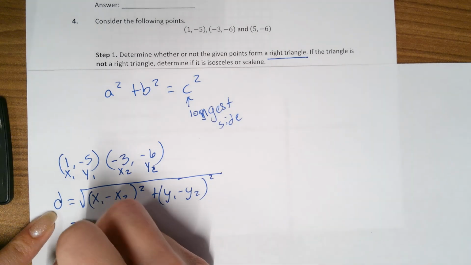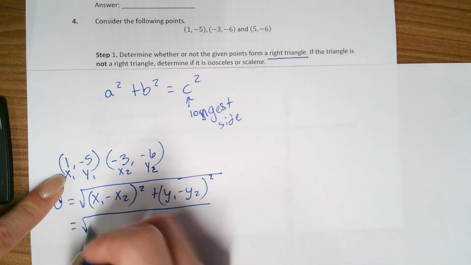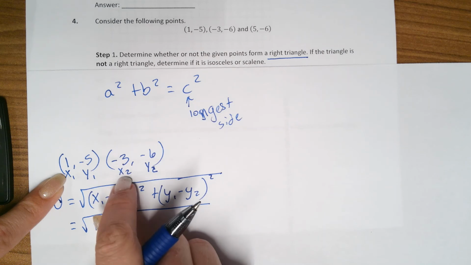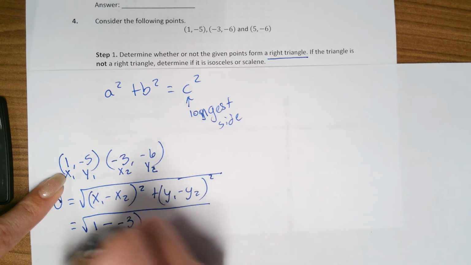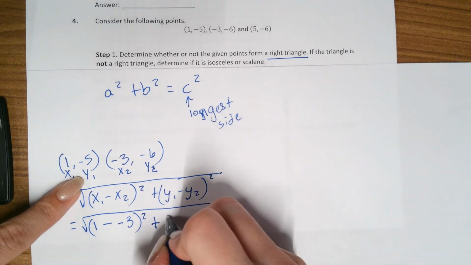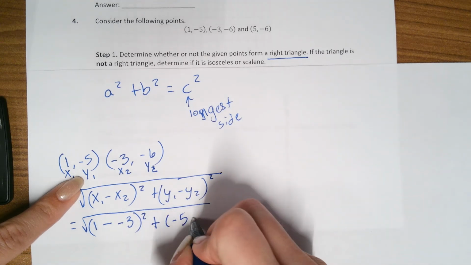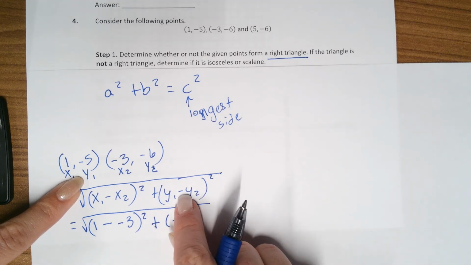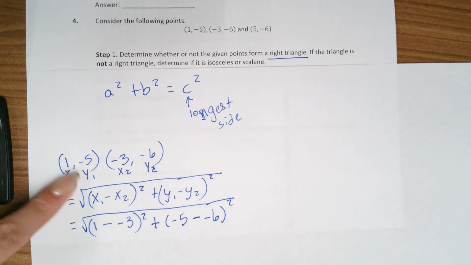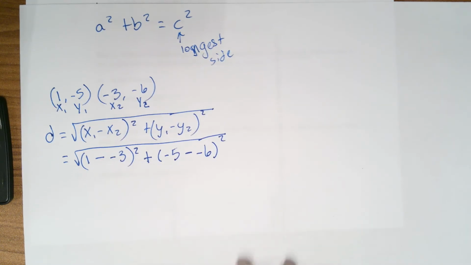So we'll have the square root of x1 is 1 minus, because that's part of the formula, x2 is negative 3 squared plus y1 we put as negative 5 minus, again that's part of the formula, and y2 is negative 6 squared. And now we'll simplify that.